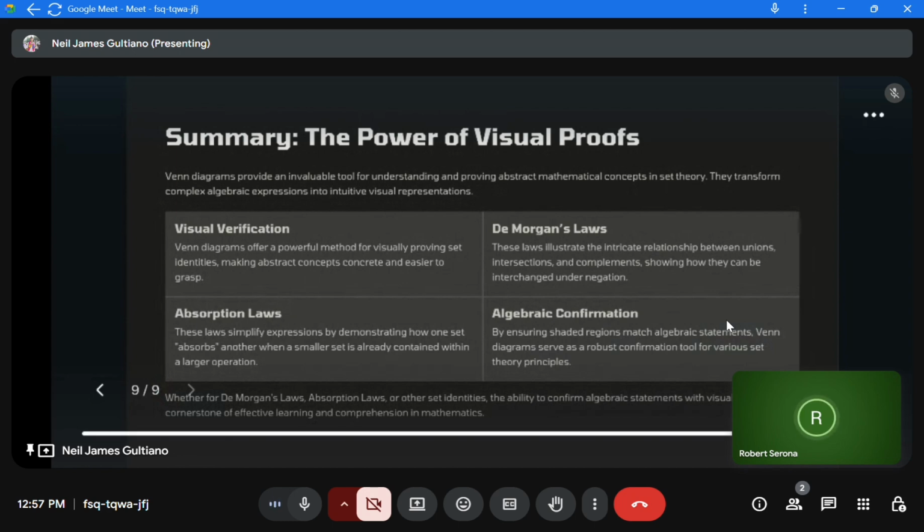We also demonstrated the absorption law by showing how the union of A with its intersection with B still results in A. Visual proofs like this help transform abstract algebraic expressions into concrete, understandable ideas. Thank you for listening, and I hope this presentation strengthens your understanding of set theory and visual reasoning.